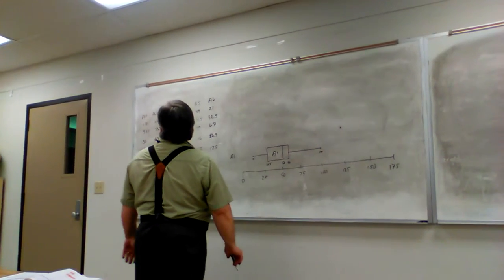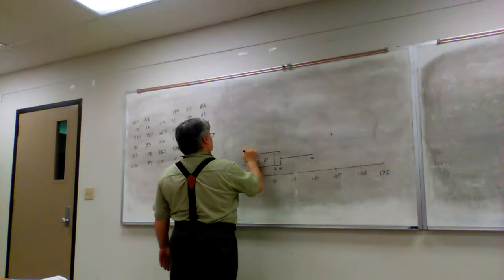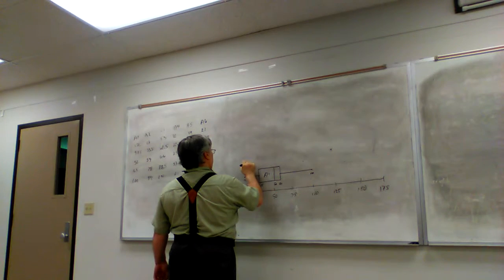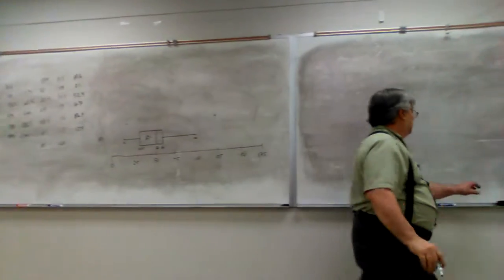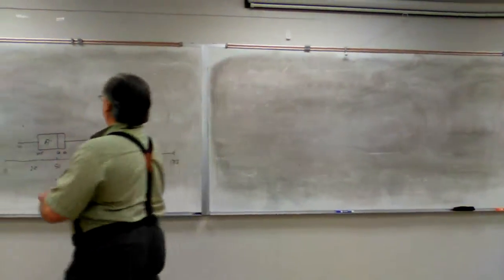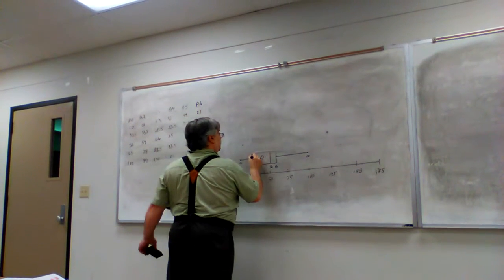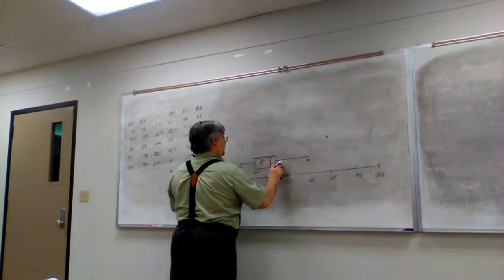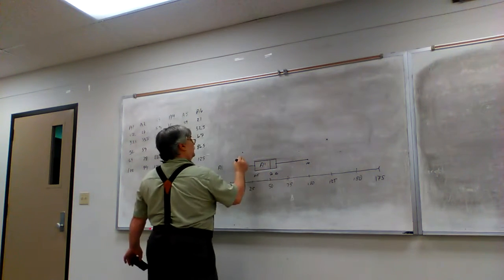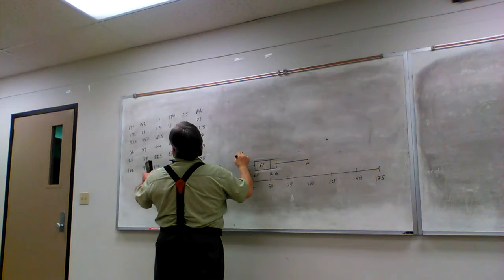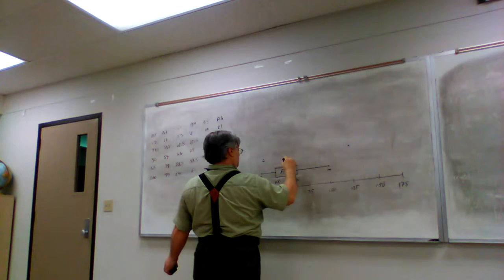All right, what is A2? Well, A2 starts at 16. You know what, no need for them to be that tall. All right. So we'll go from 16 to 53.5.